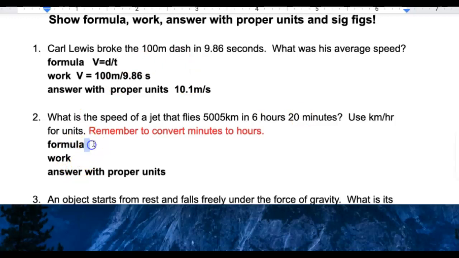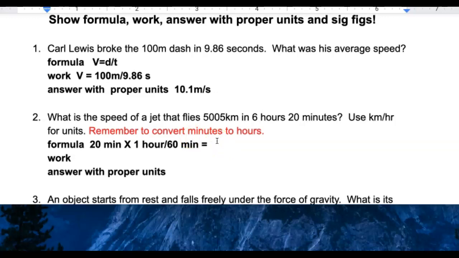So when you use conversion factors, first thing I'm going to do is go 20 minutes multiplied by 1 hour divided by 60 minutes per hour. Remember, if I set that up on the board, my minutes cancel out, leaving my answer in hours.